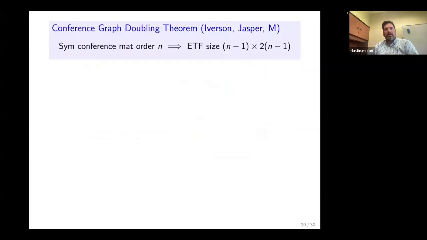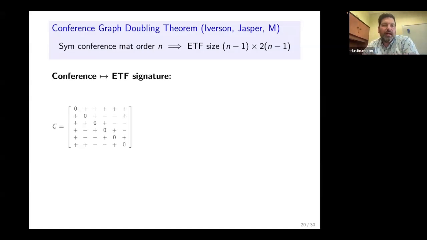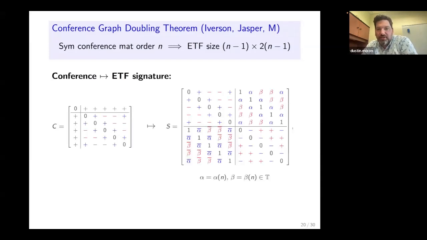Turns out if you have a symmetric conference matrix of order n, you can use that to create an ETF of size n minus 1 by 2 n minus 1. So you're doubling the core, the conference graph. The way it goes is you take the core, you rip it out, and you double it.